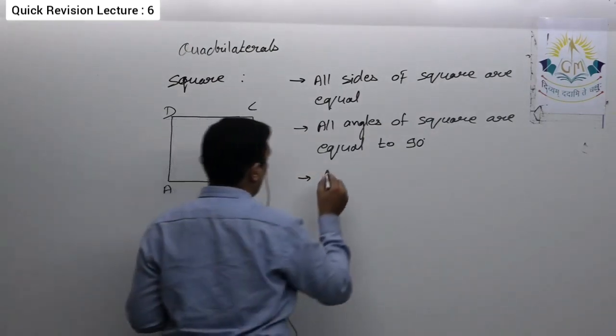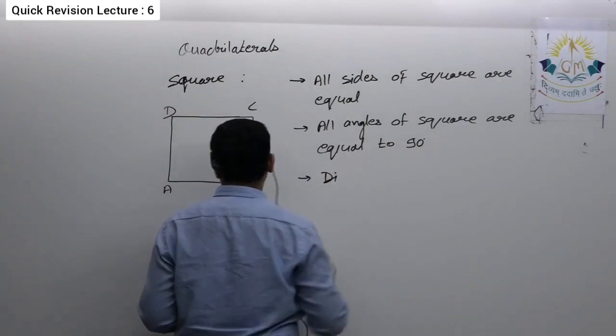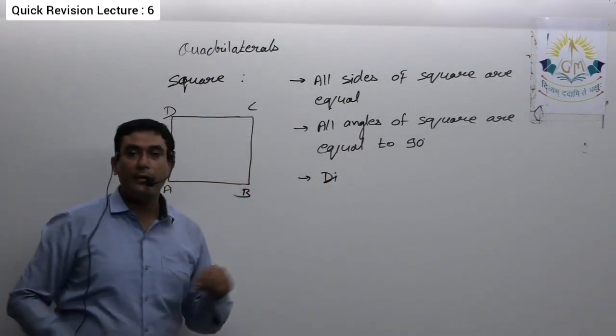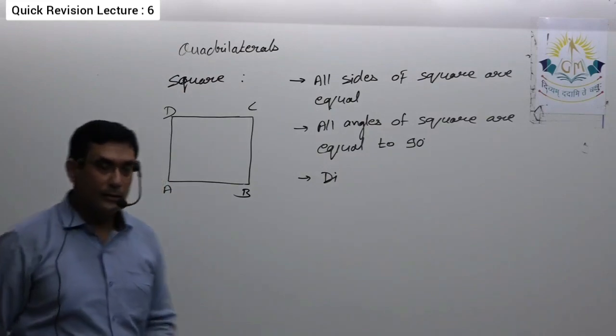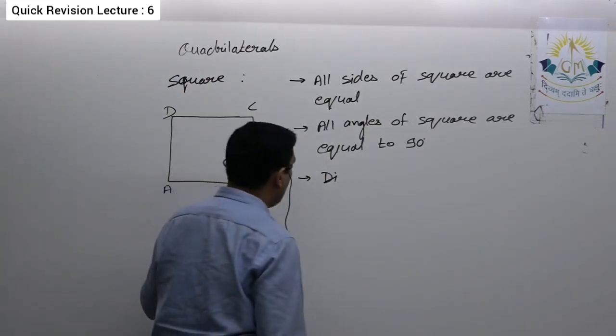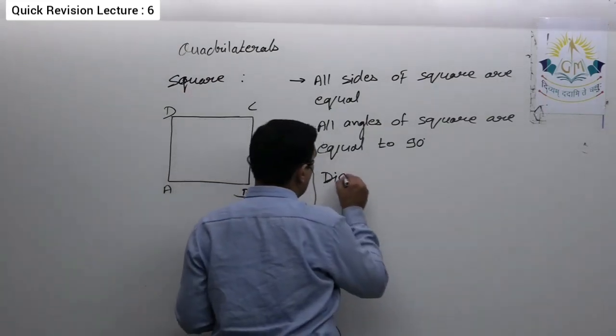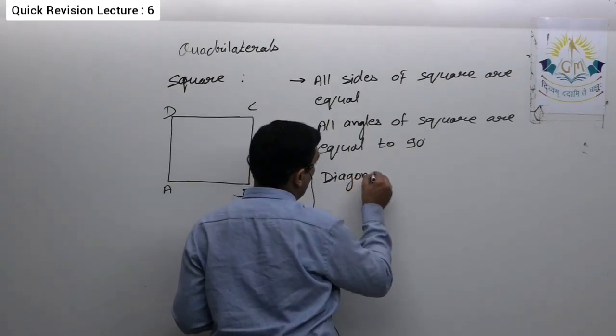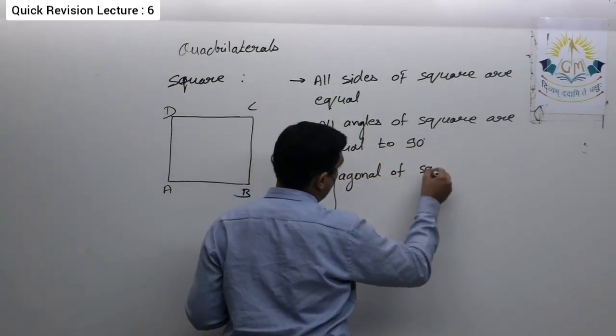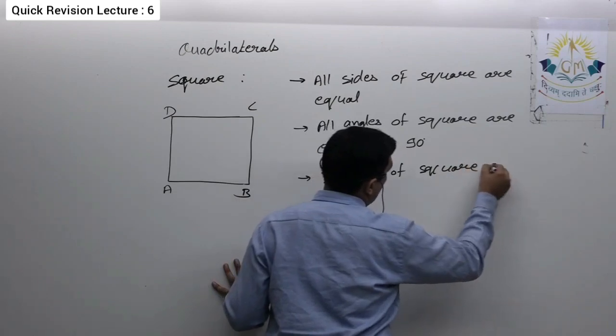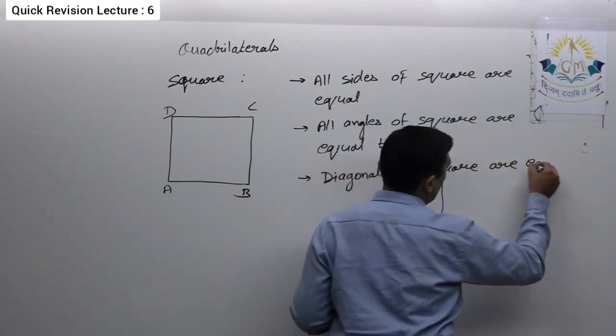Okay, all sides equal, all angles equal. Now diagonals. Here diagonals are equal, as well as they bisect each other, as well as they are perpendicular to each other. So diagonals of a square are equal.